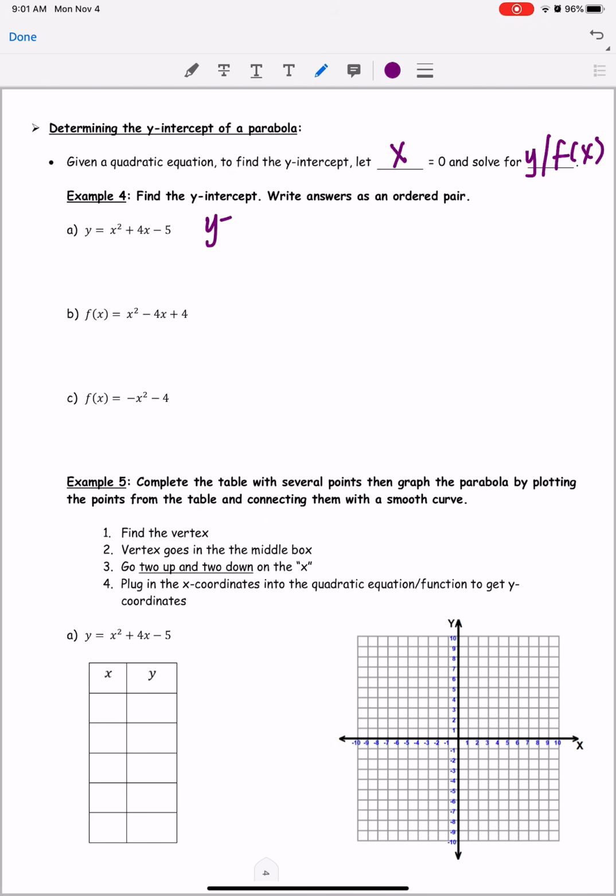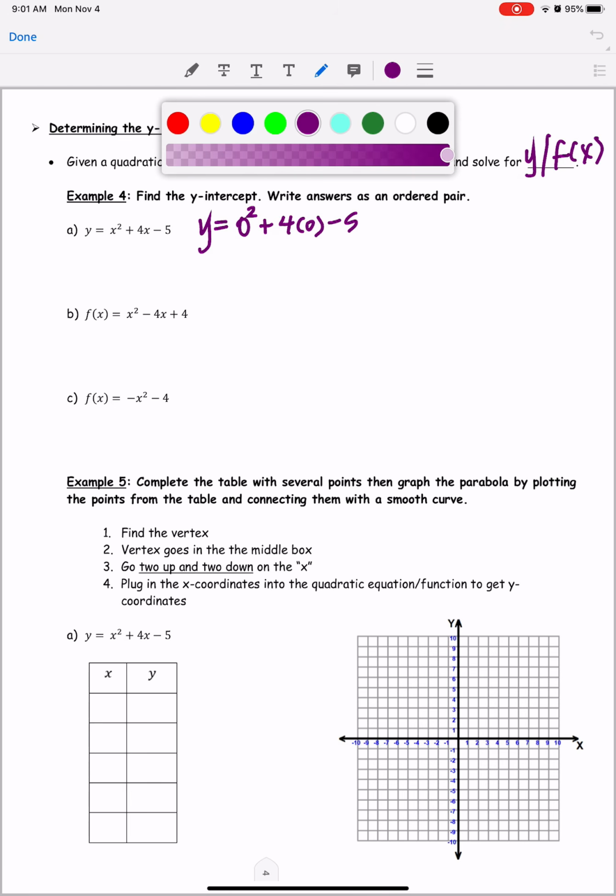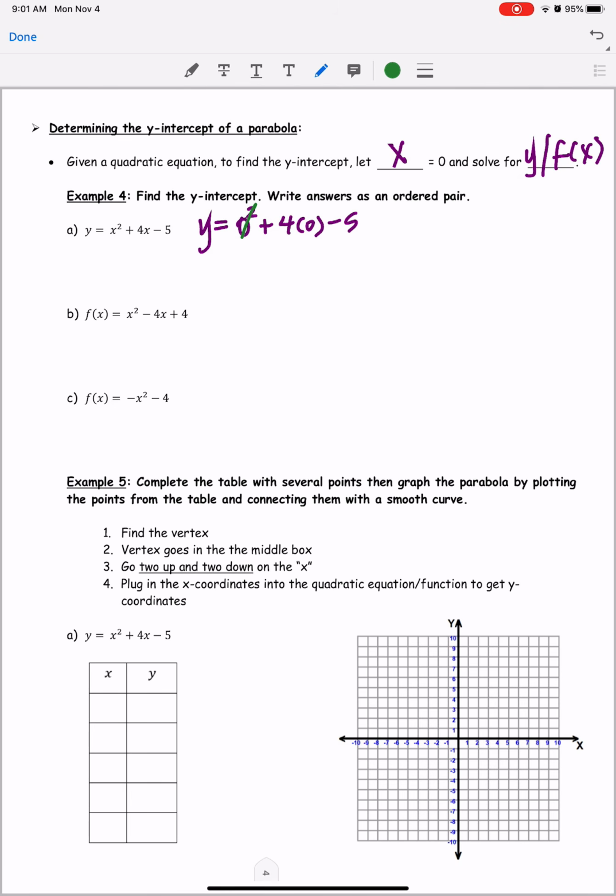So I've got y equals 0 squared plus 4 times 0 minus 5. 0 squared and 0 times anything are 0, so those go away. And so we are left with just y equals -5.